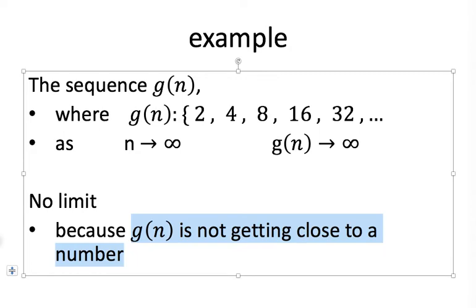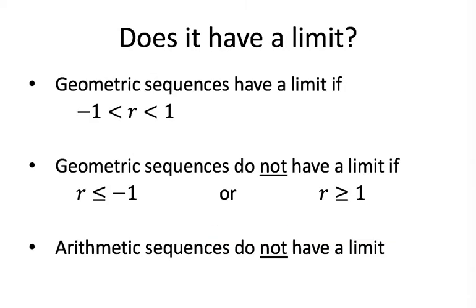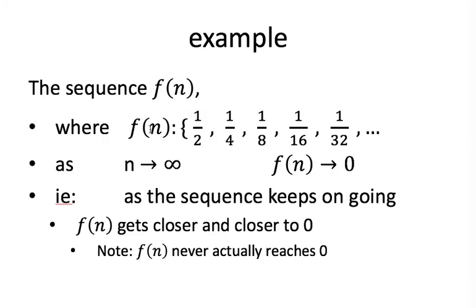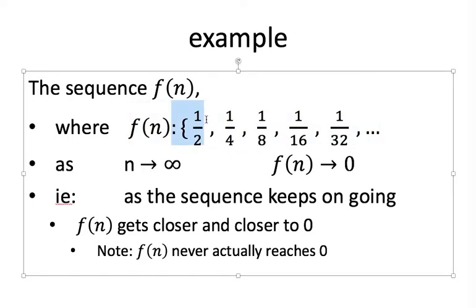So in general, when we're talking about arithmetic sequences and geometric sequences, how can we tell if it has a limit? The general rule of thumb: geometric sequences will have a limit if the r value is between -1 and 1. And our r value is how much did we have to multiply in order to get the next number.